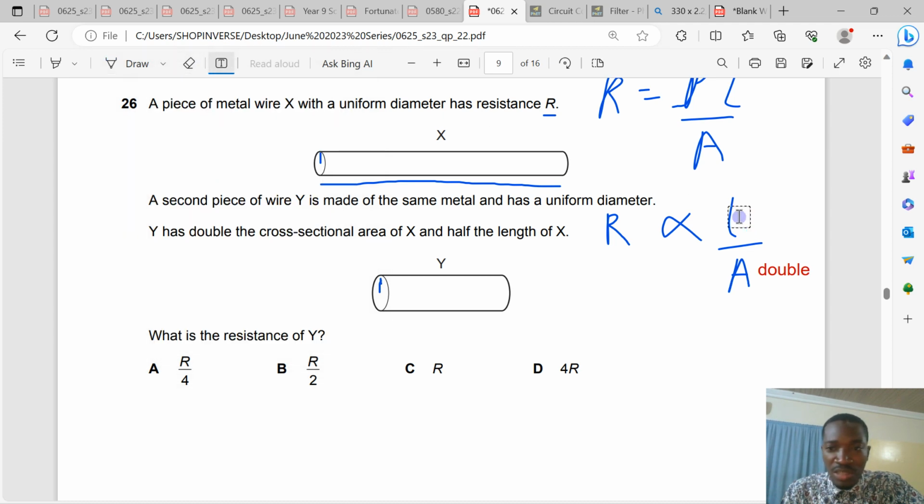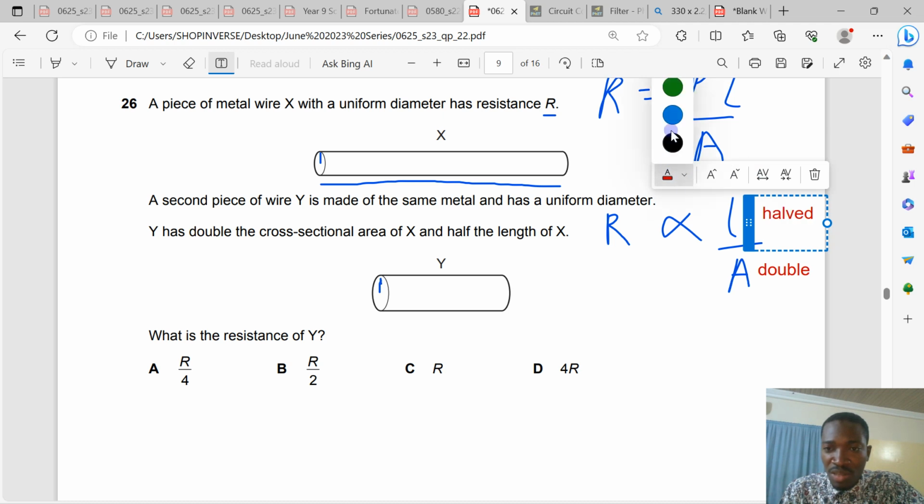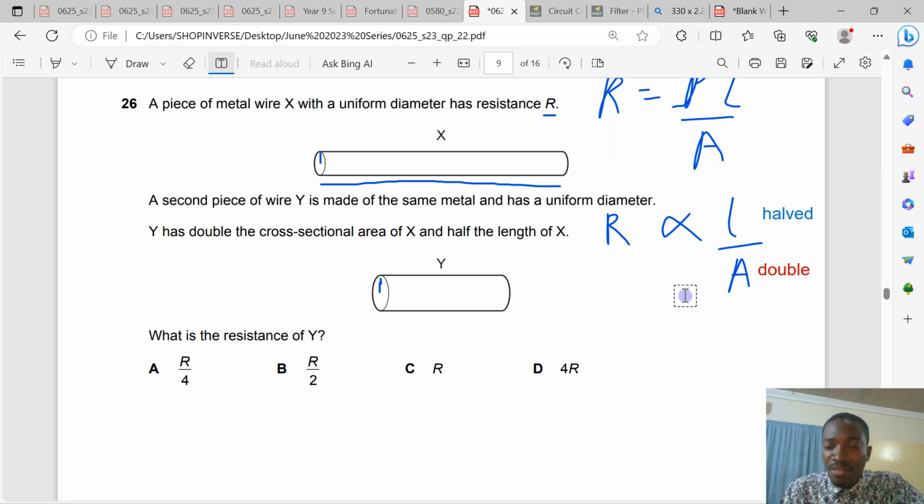So let me put that here: half. What does this mean to us? Halving the length and doubling the area. Since resistance is proportional to length, halving the length means you are halving the resistance, so I'll multiply the resistance by half.